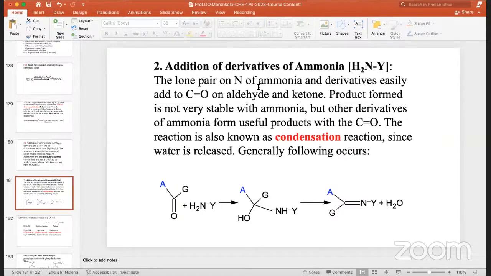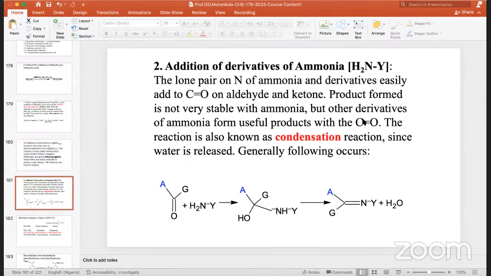The lone pair on nitrogen of ammonia and its derivatives easily adds to the carbonyl of aldehydes and ketones. The product formed is not very stable with ammonia, but with the other derivatives of ammonia, which I've shown you here, they form useful products with the carbonyl.